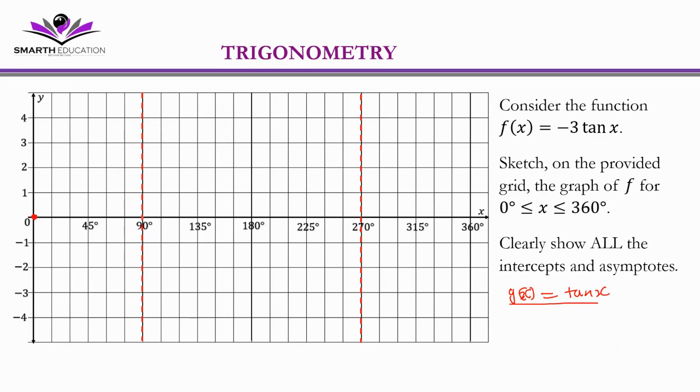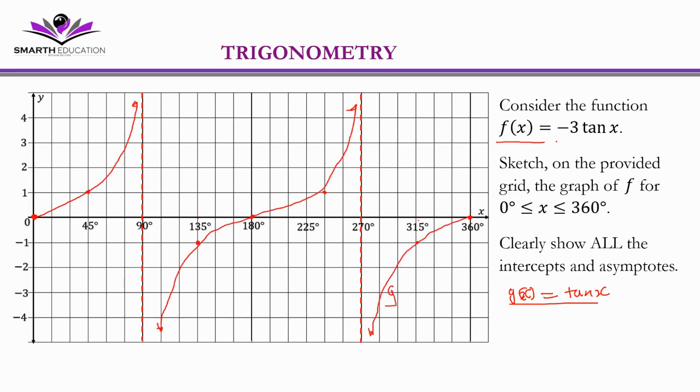At 45 is 1. You must know that. 90 asymptote. And then 135 is negative 1. And then at 180 is 0. At 225 is 1. And then 270 is asymptote. 315, that's negative 1. And then 360, that's 0. And then we can sketch our graph like this. This is the parent graph.